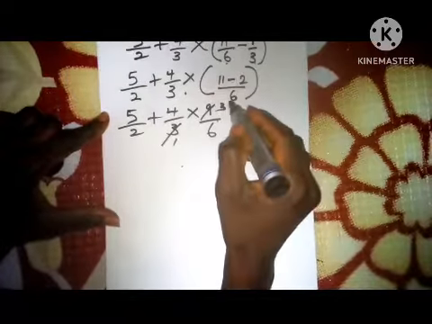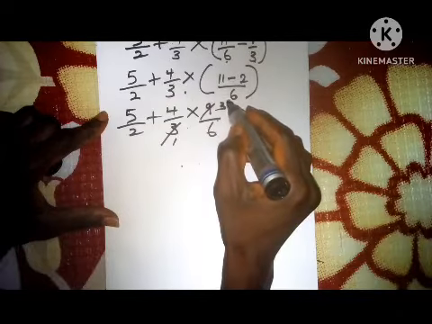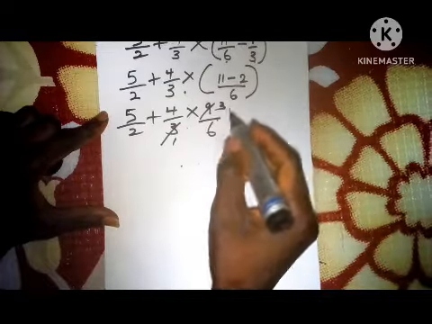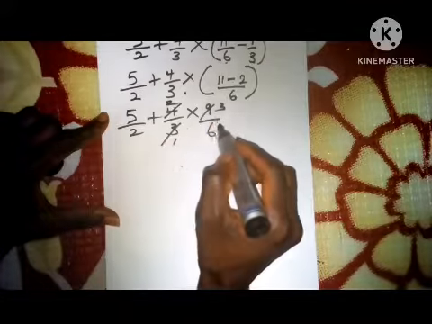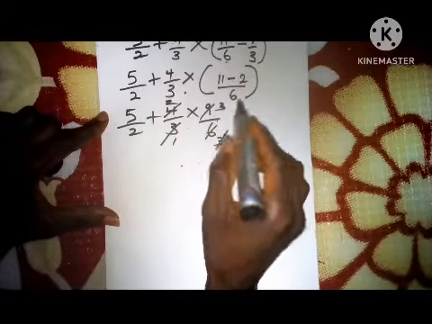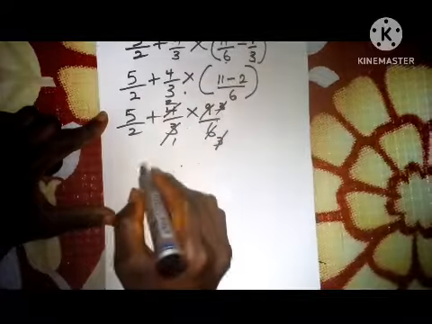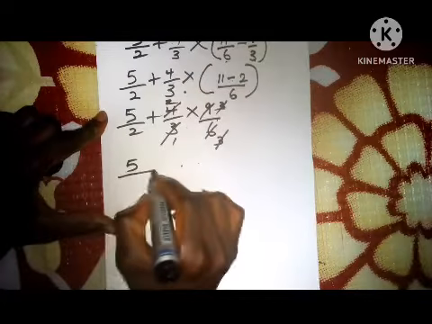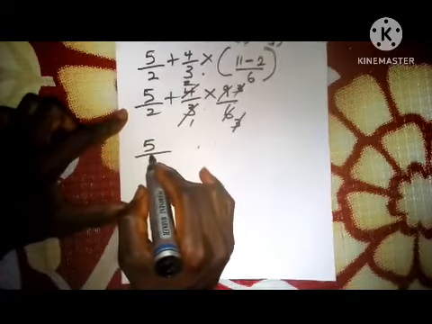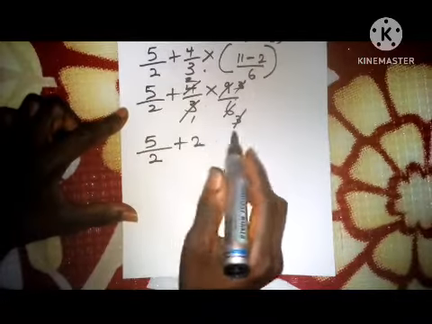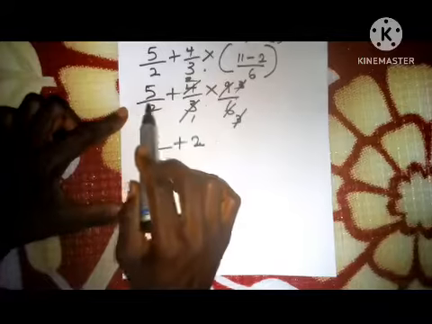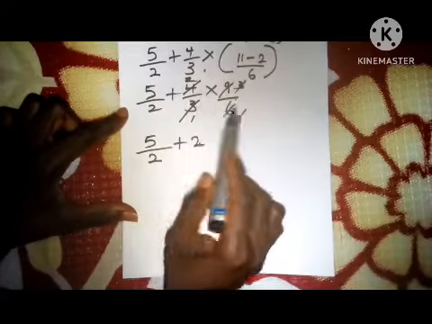You can also say 2 here, 2, 2 here, 3. This 3 can cancel this, so you are left with what? 2. So you have 5 over 2 plus 2. That's what you are left with. That's 5 over 2, 2, because all this one can cancel out.